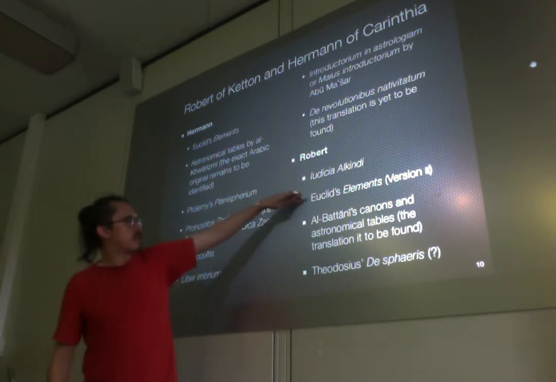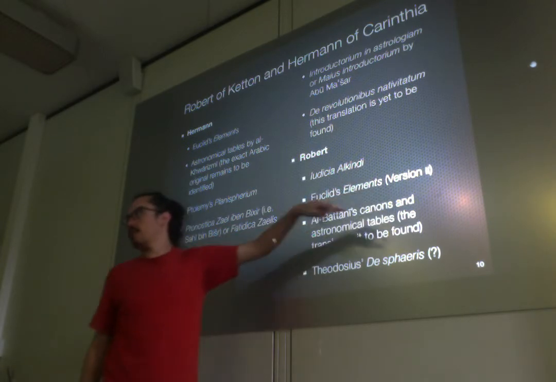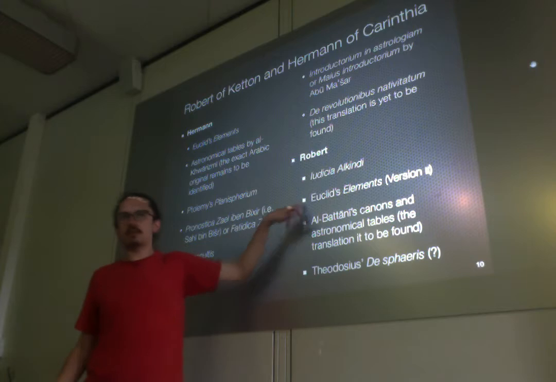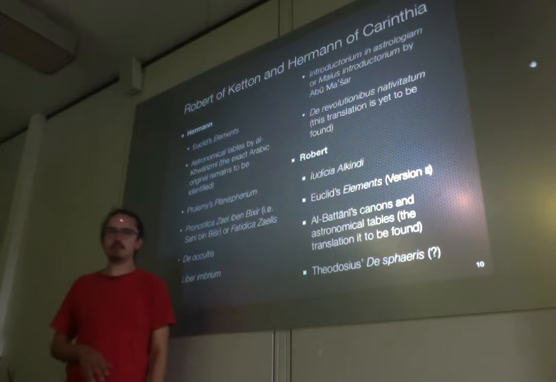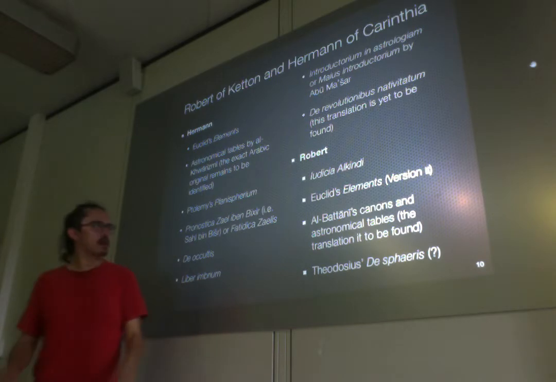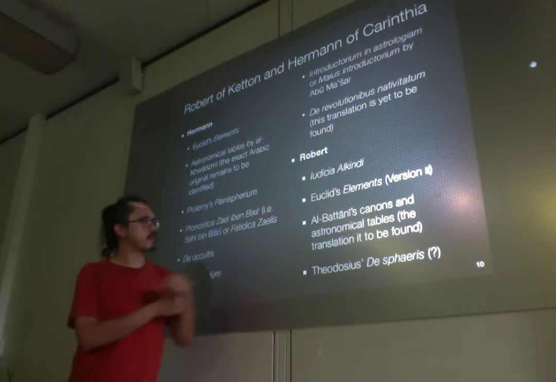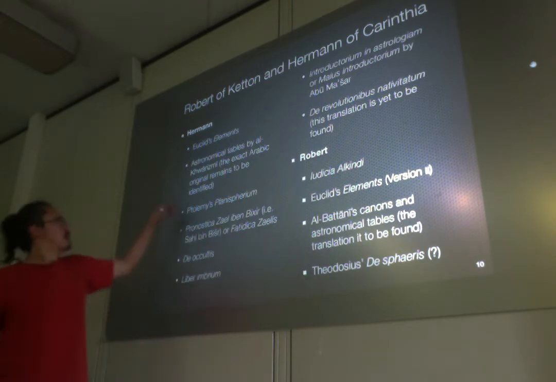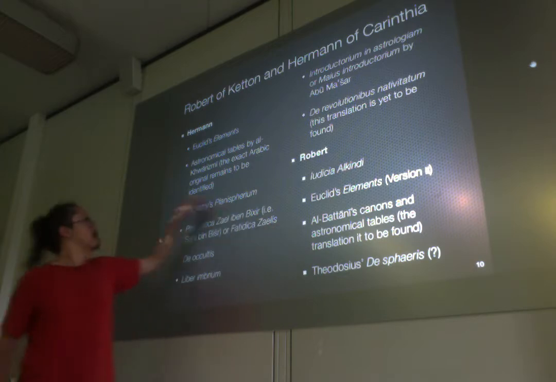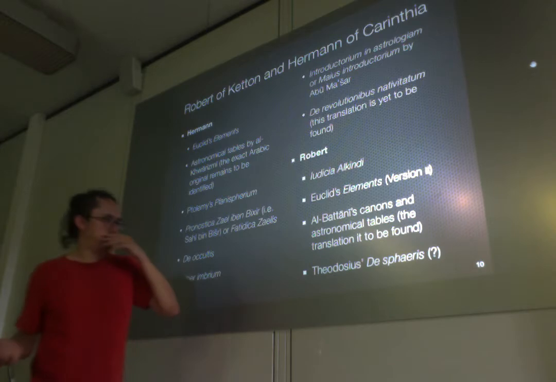But yeah, he did these Euclid's Elements. The editors of this version have regarded it as the most popular version of Euclid's Elements. I'm not sure if this is true or not, but this is their affirmation. So he did these Al-Battani's canons and astronomical tables. It has to be found. We only know about this translation because Herman states that Robert has done it, but it hasn't been found.